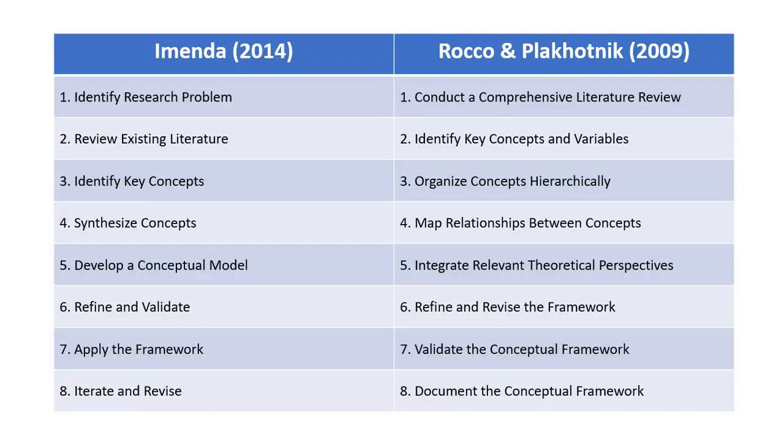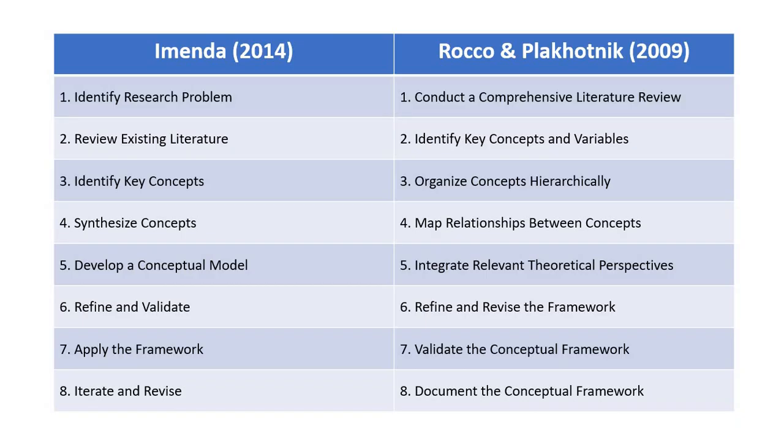Now, these are the steps in doing a good conceptual framework. We have 8 steps here by two different authors. Now, Emenda shows 8 steps in creating a conceptual framework. First is identify the research problem.